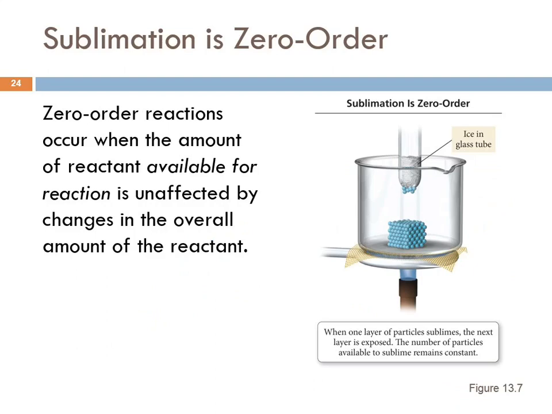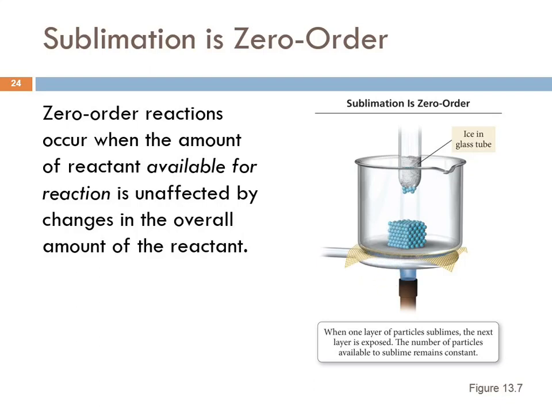A zero order reaction seems a little strange, doesn't it? That the rate of it doesn't depend on the concentration. Sublimation is an example of a zero order reaction. Here we have an illustration; it doesn't say what it is, maybe that's carbon dioxide, and it's subliming.